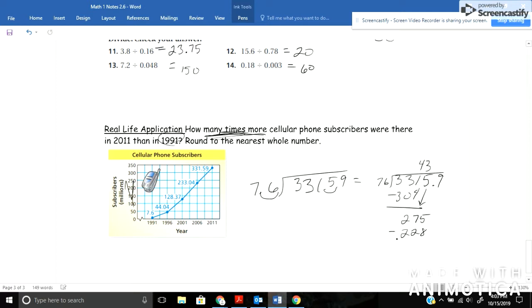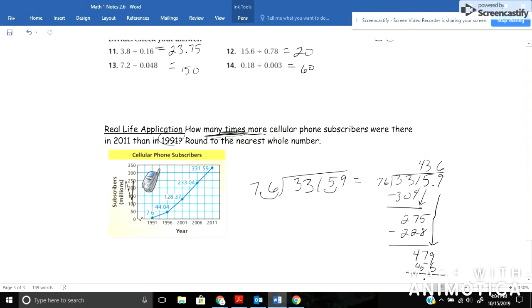Subtract, and the difference here would be, borrow, 47. And bring down my 9. And 76 goes into this number 6 times, which should be 456.